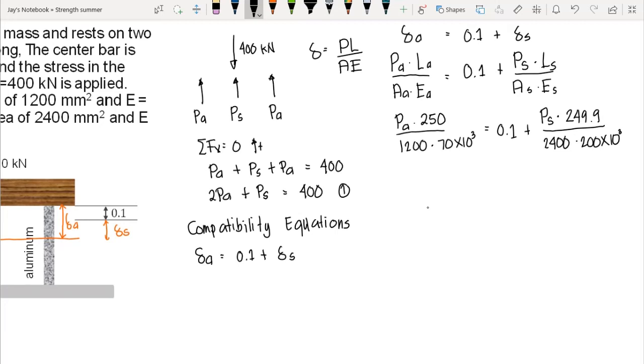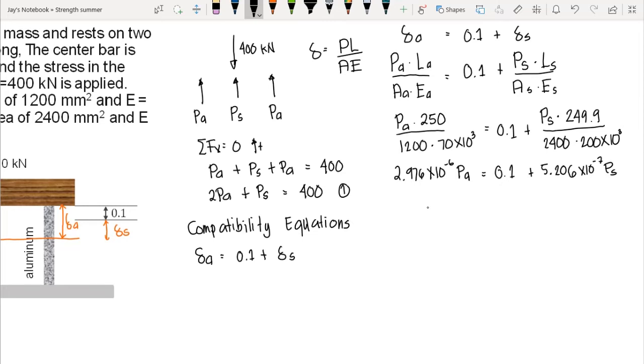Now we can simplify it further. We have 250 divided by 1,200 times 70 times 10 raised to the 3, that is 2.976 times 10 raised to negative 6, we have PA is equal to 0.1 plus 5.206 times 10 raised to negative 7, that is the actual load of steel.